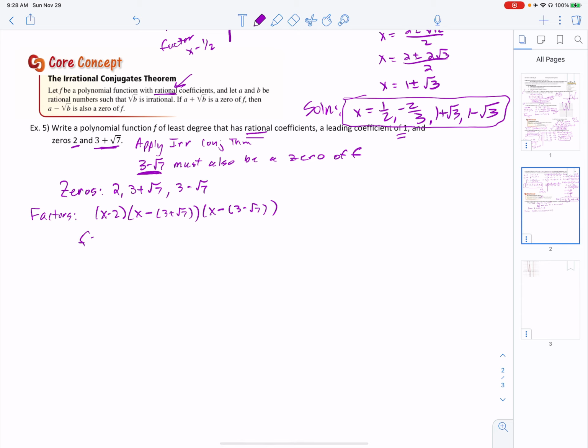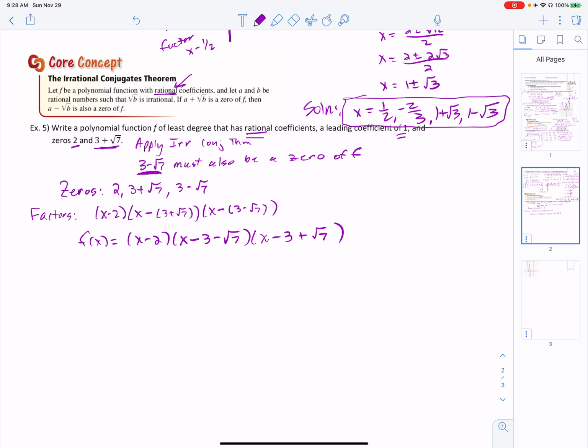So that means my polynomial is going to be x minus 2, x minus 3 minus root 7, and x minus 3 plus root 7. And now you are going to multiply these out.